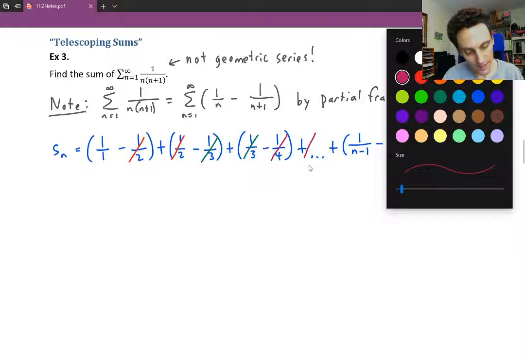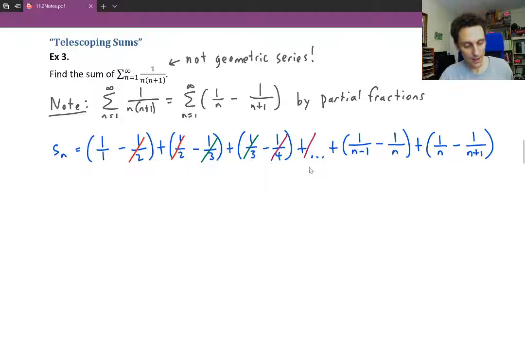There's going to be a 1 over n minus 1 term that's positive here, and a minus 1 over n term that's going to be negative right before it. So you'll have something canceling off this 1 over n minus 1 as well. The negative 1 over n and the positive 1 over n will cancel.